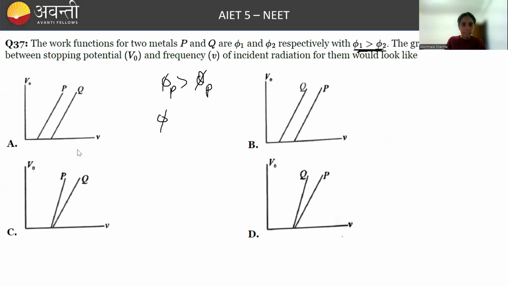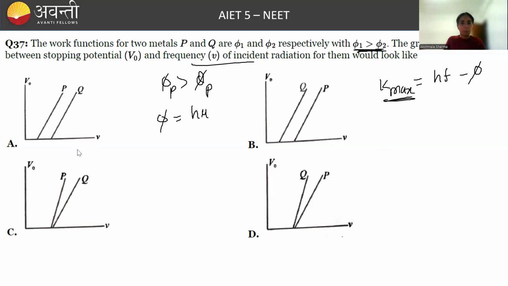So phi is written as h nu, where nu is the threshold frequency. The graph between stopping potential and frequency of incident radiation will then look like this. The maximum kinetic energy is the energy falling on the surface minus the work function.